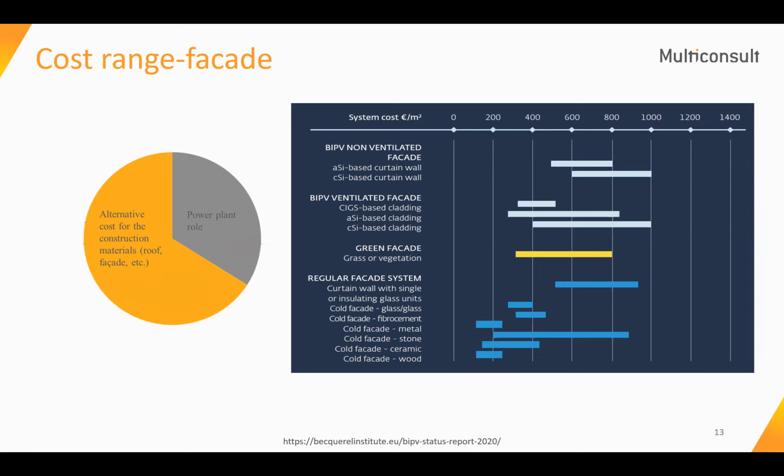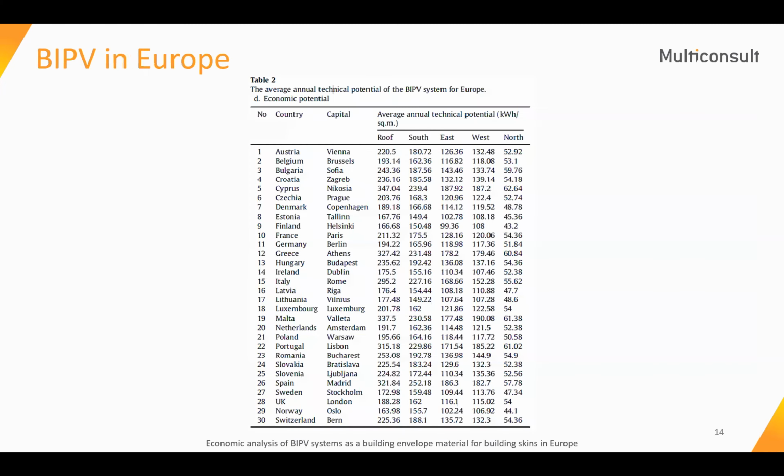So if you are going to do the economic analysis for installing a BIPV facade, what you should consider is the cost difference between these two. And that changes this economic analysis a lot.